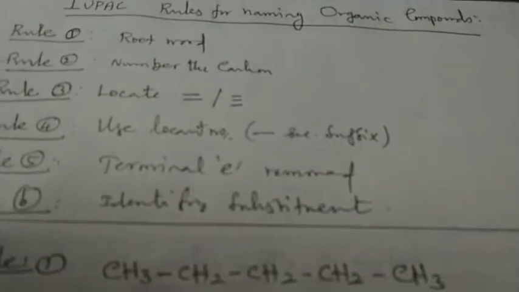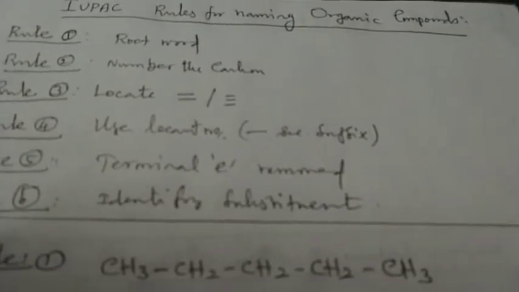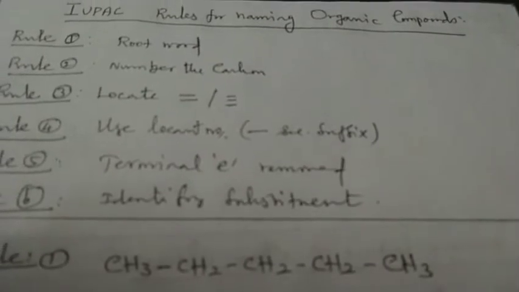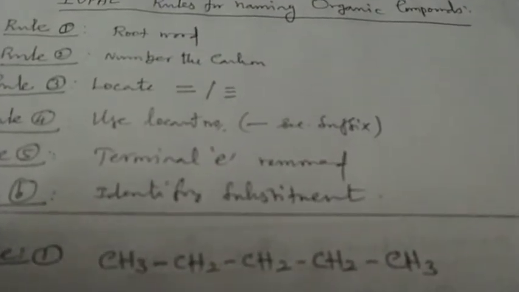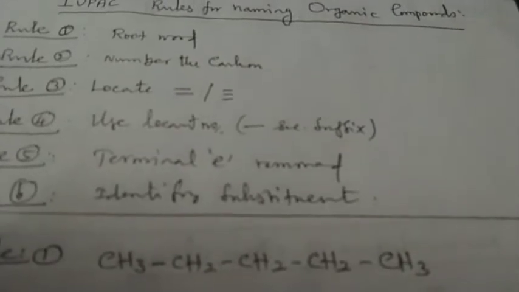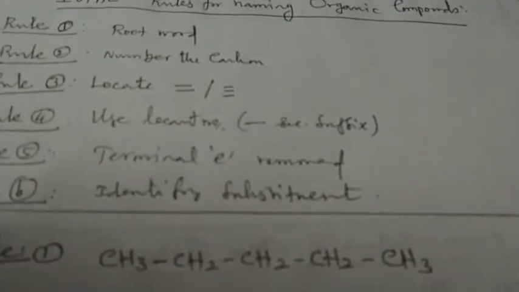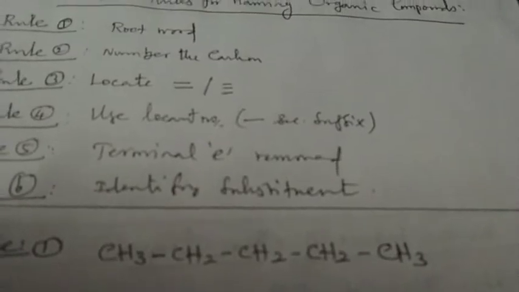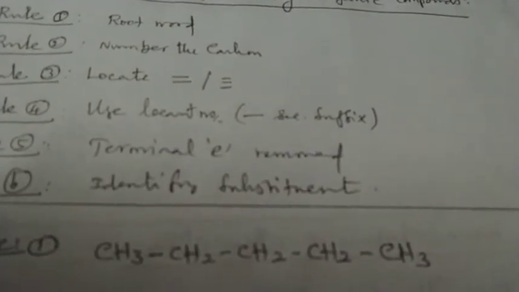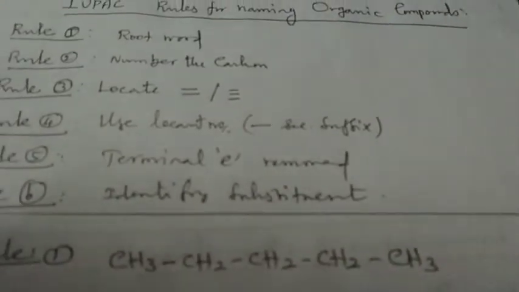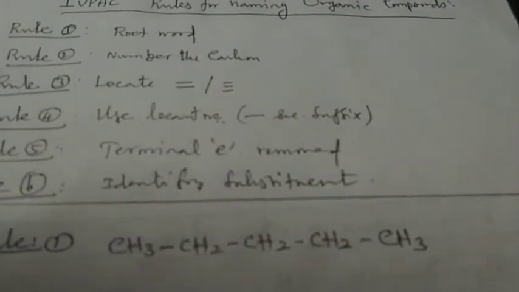The third rule says to locate the double bond or triple bond. The fourth rule says to use locant numbers for the functional group and substituent. Then, in alkenes, the terminal E is removed. Then identify the substituent for the prefix. So these are the 6 rules.